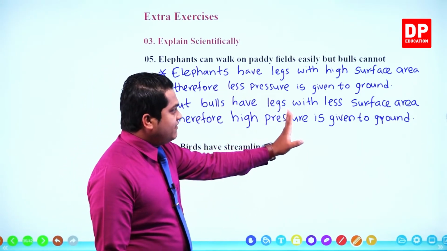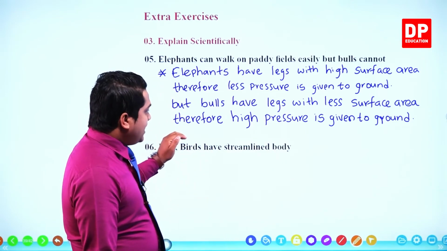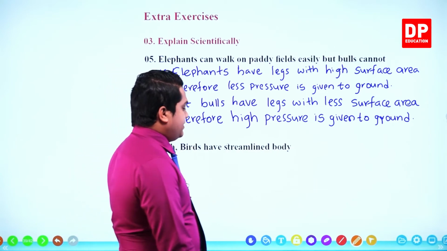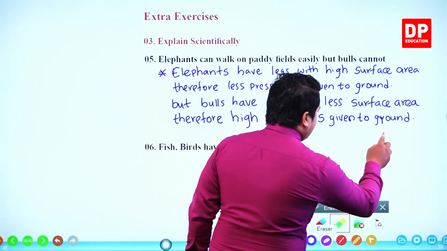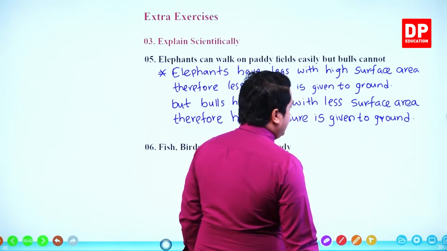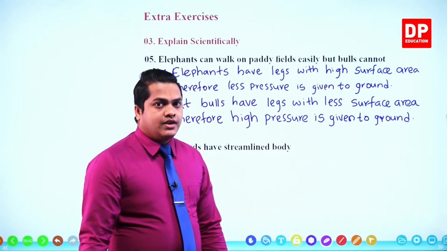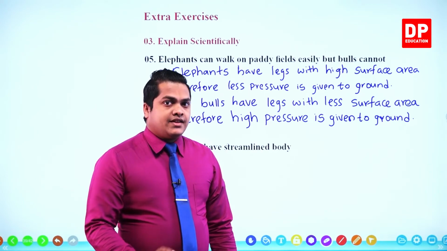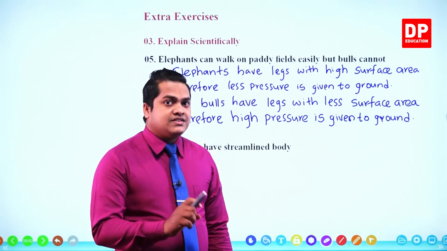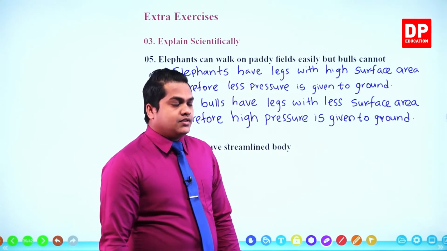So if they have less surface area, then high pressure is given to the ground. So if high pressure is given, there is a possibility that they will not be able to walk quite easily, because they might sink within the mud.